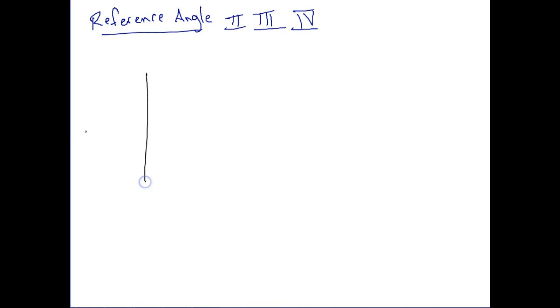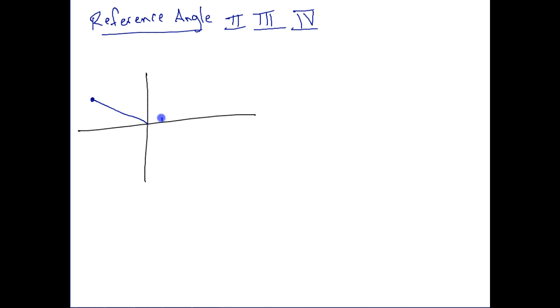Okay, next we're going to talk about this idea of a reference angle. Okay, so these reference angles come into play when we're in the second, third, or fourth quadrant. When we're in the first quadrant, our angle is the reference angle. But the reason for a reference angle is, well, let's take a look at this. Let's say we have some angle in, let's just go second quadrant, so some angle right here.